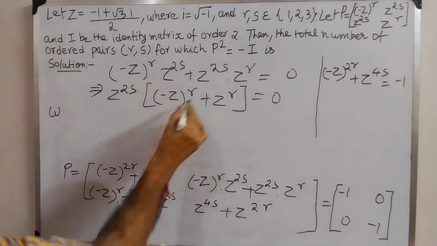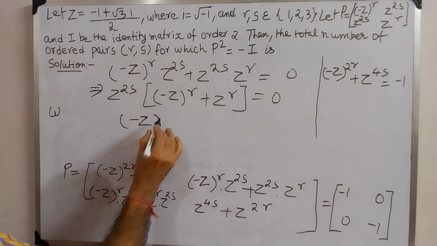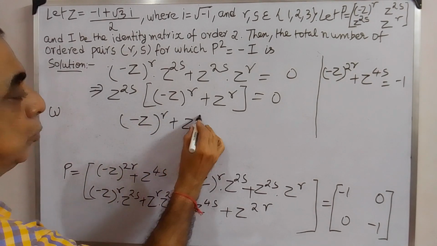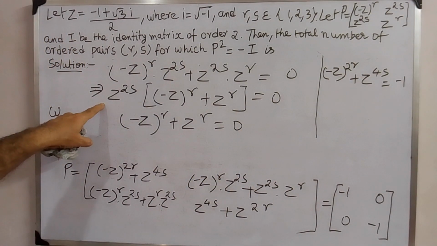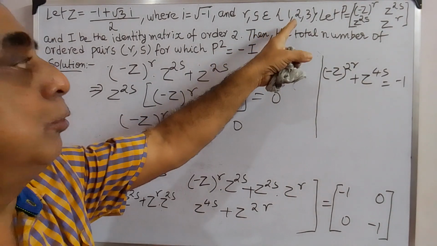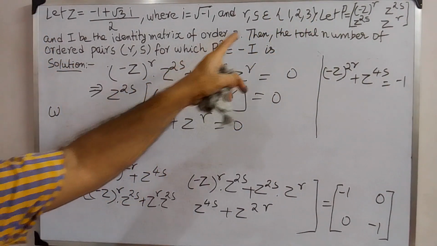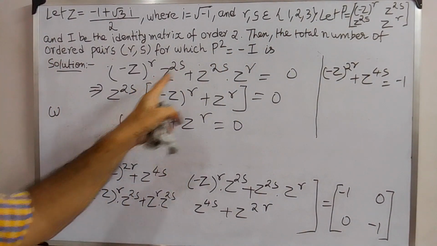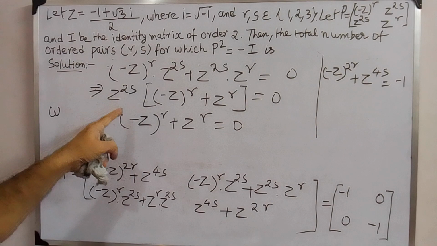So it means that minus z to the power r plus z to the power r equals 0, because z to the power 2s cannot be 0. The value of s may be any number from 1, 2 and 3, and z to the power 2s can never be 0.